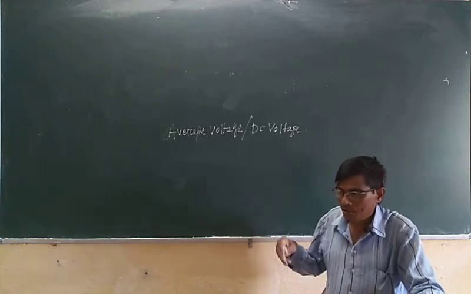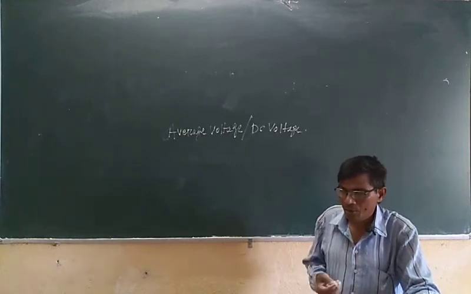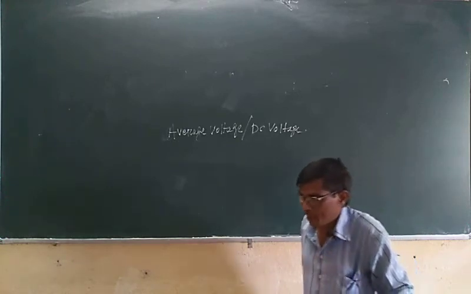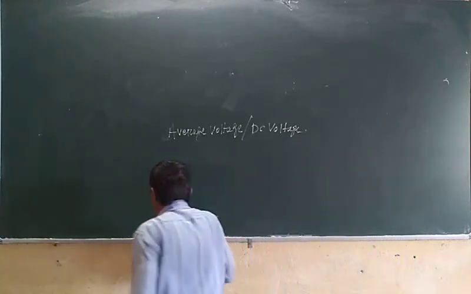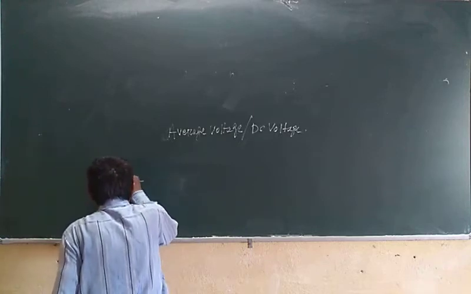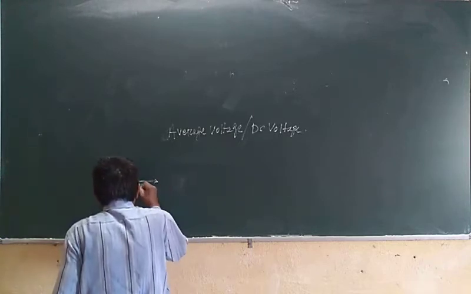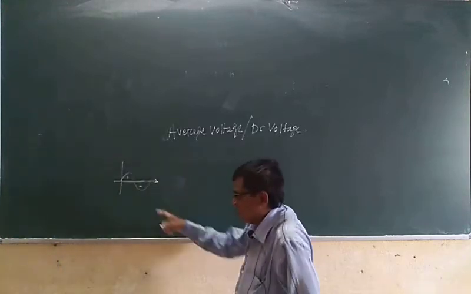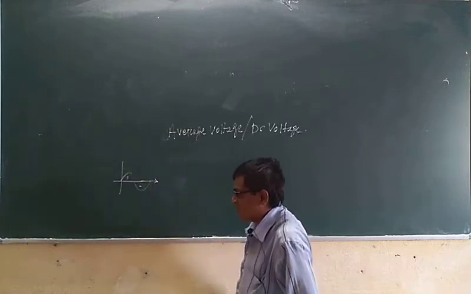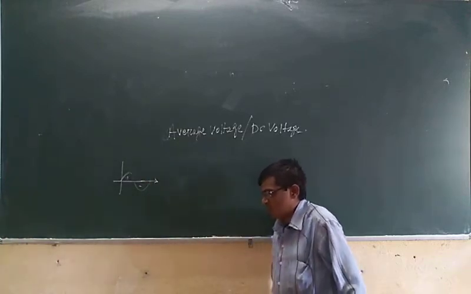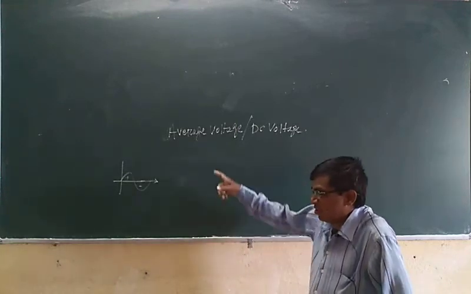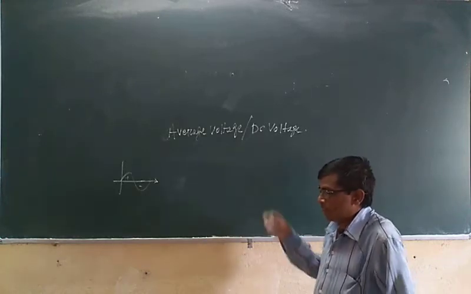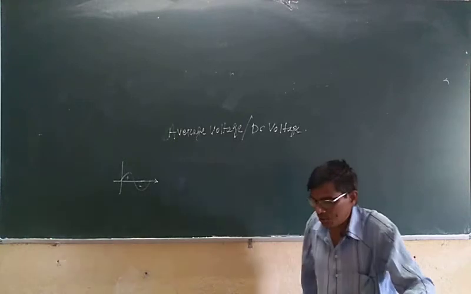When the input supply is AC, it contains two components, a positive component and a negative component. This is an AC signal, so this is the positive component and this is the negative component. These two half cycles pass through the full wave rectifier. Then we calculate the average voltage or DC voltage on the output side, across the load resistor.